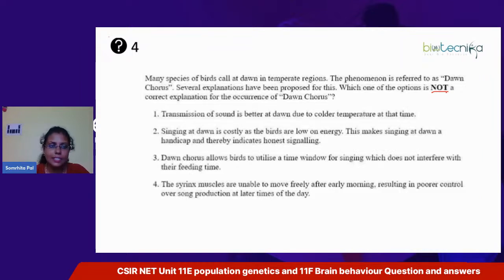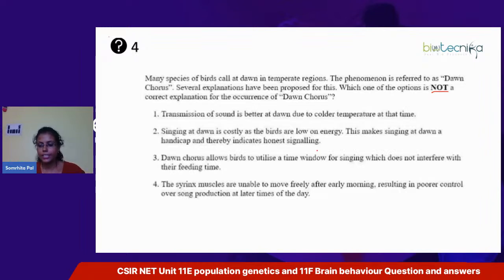So everyone agrees that transmission of sound is better at dawn due to colder temperature at that time. Simple physics, right? Isn't it? Sound transmission is good in colder temperatures, right?